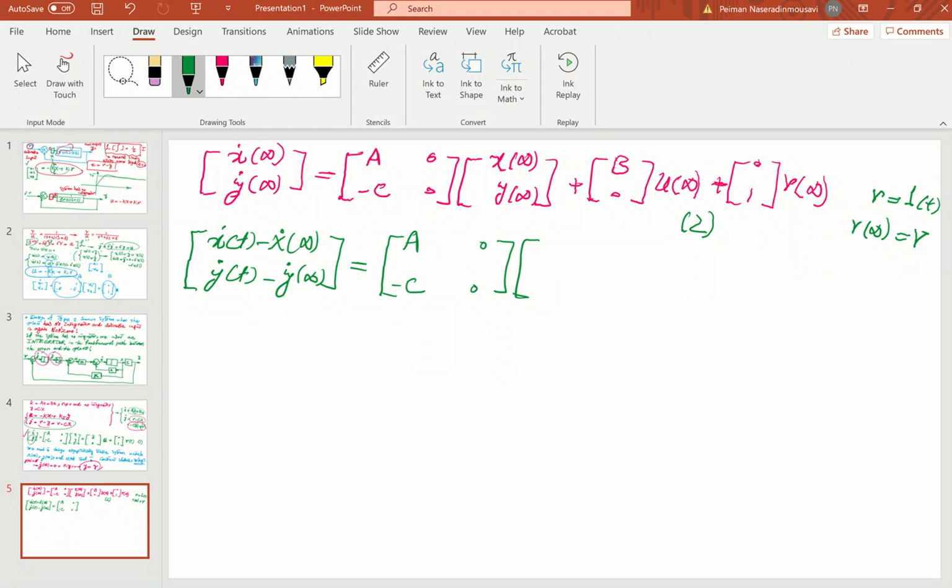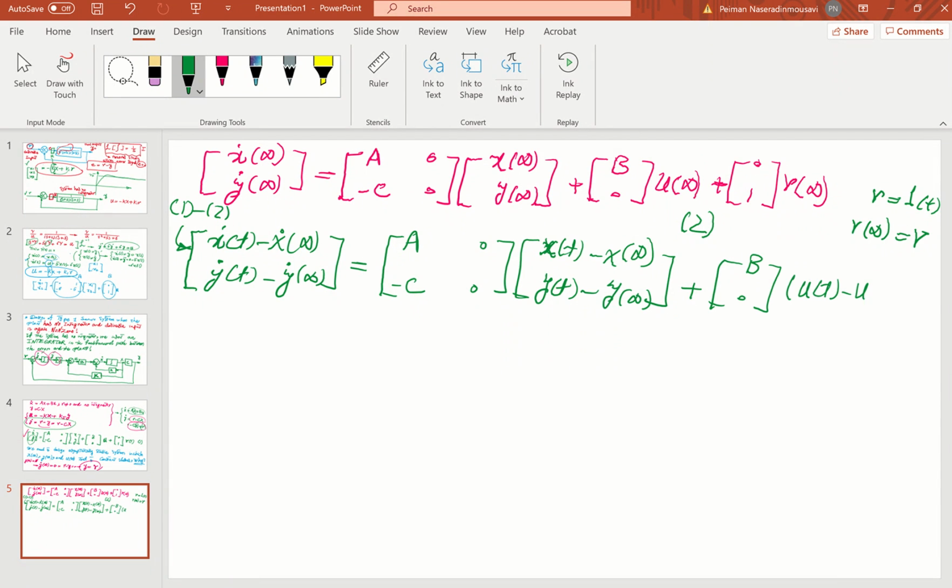Now here, this is equation 1 minus equation 2: A times x of t minus x at infinity, zeta of t minus zeta at infinity at the steady-state value, plus again B times u of t minus u at infinity.